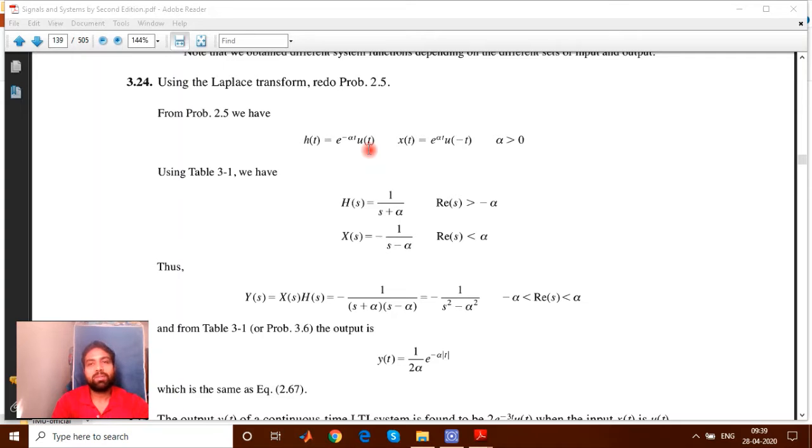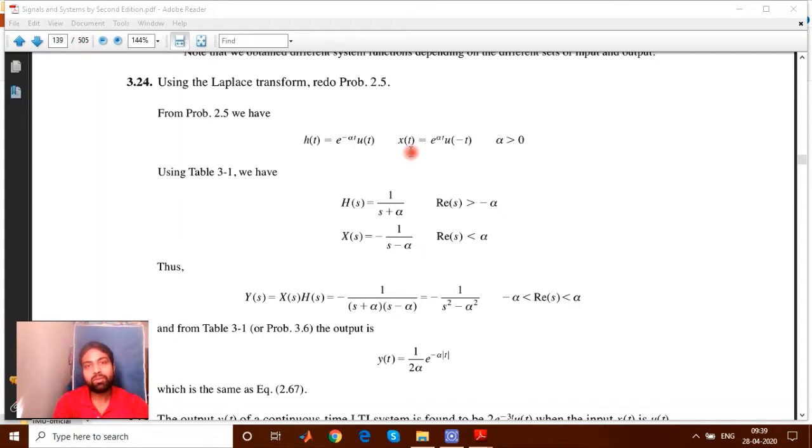One has to take care that if you are taking a response in the time domain, this time domain response requires convolution of h(t) and x(t). Convolving h(t) and x(t) is a bit mathematically tricky. So what is the choice?